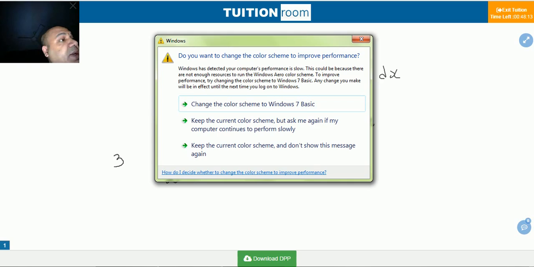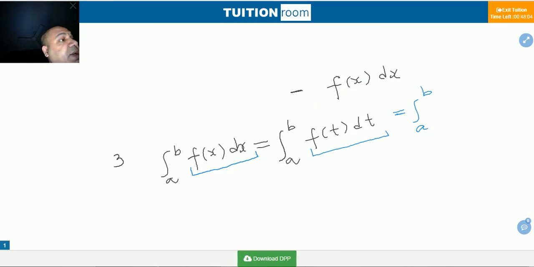Here the variable is x in f(x) dx, here the variable is t. We can change any variable, not necessarily t. We can write f(theta) d theta, f(y) dy, any variable, but keeping the same limit as previous.